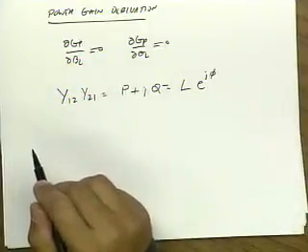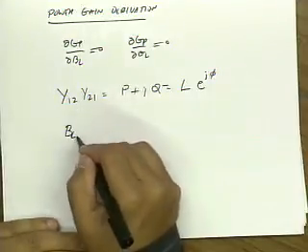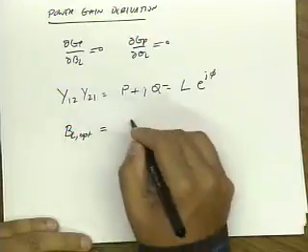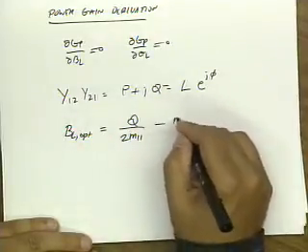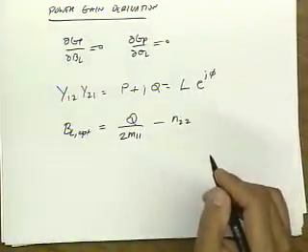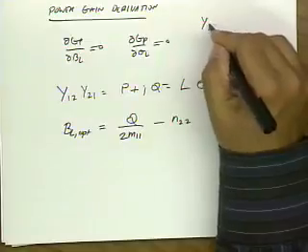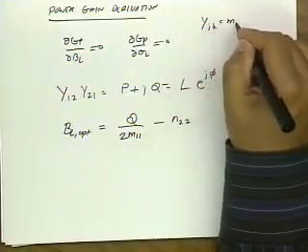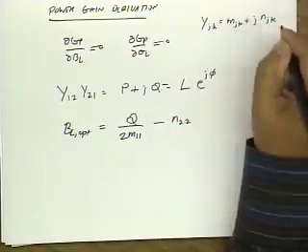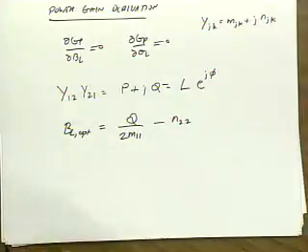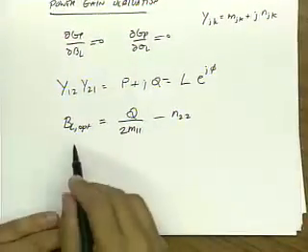If I do that, then BL opt turns out to be Q over 2 M11 minus N22. You need to define M11 and M22. Basically I'm defining Yjk as a real part Mjk plus j Njk. So this is the solution for the optimum load.